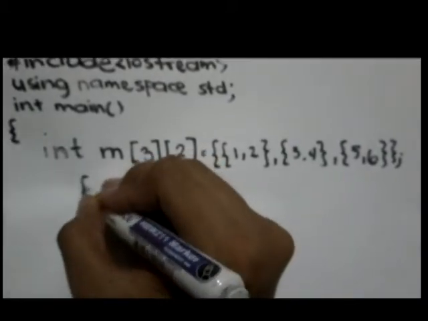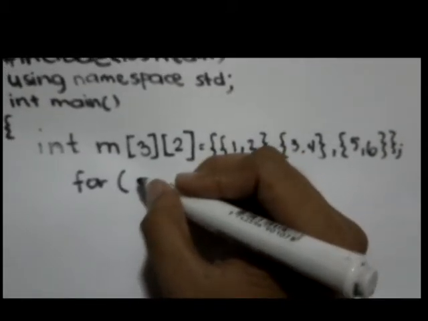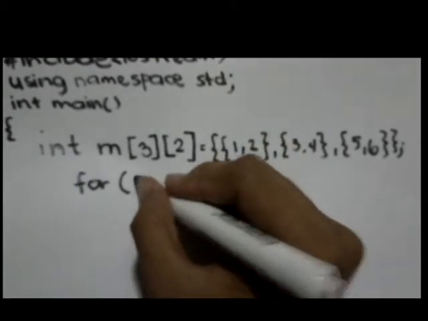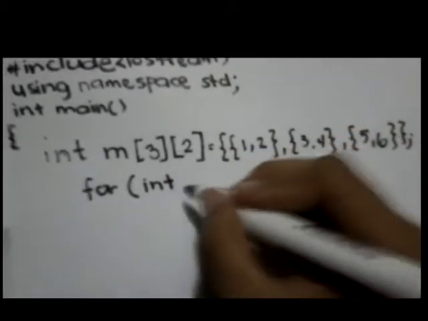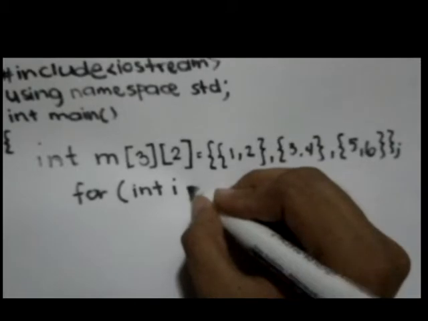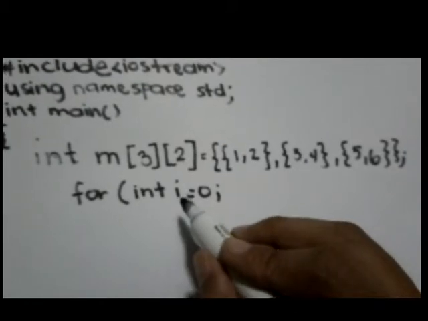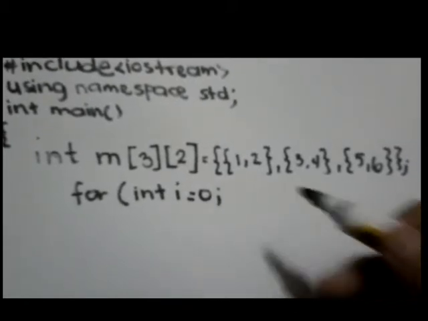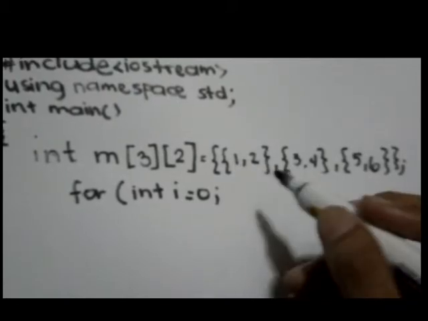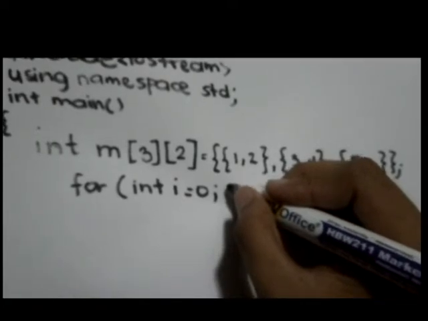Okay, so let's use the for loop. For, so let's have here the initialization like int i. This is the variable that I will use, equal to 0. int i equals 0 because we know that the index of an array always starts with 0.